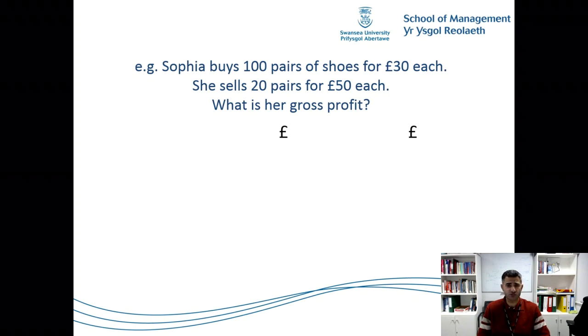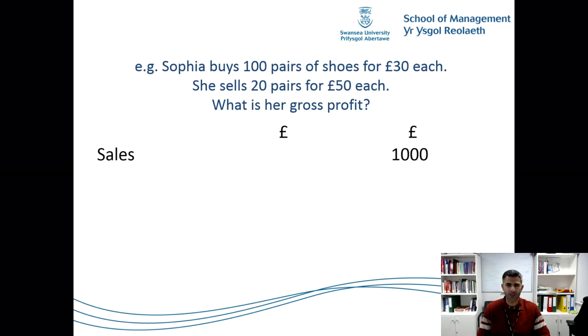In this case, let's apply the trading account. You start with the sales revenue. Sales revenue is 1,000. Would you agree? Why 1,000? Because she sells 20 pairs at 50 each, so this is 1,000 pounds.